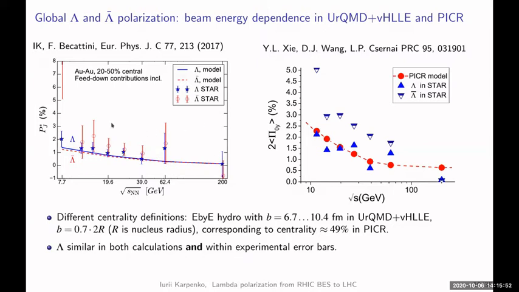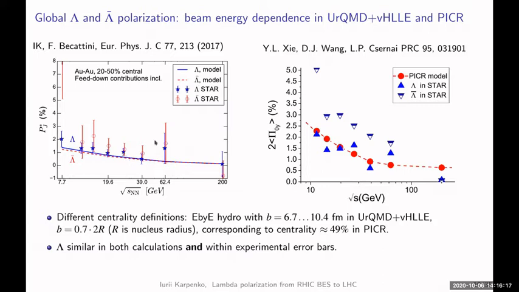So there is a strong decrease of polarization at mid rapidity as a function of collision energy, and this goes along with the data. You can see that on both plots, the calculations from the model more or less reproduce the data, within the experimental error bars for the lambdas.